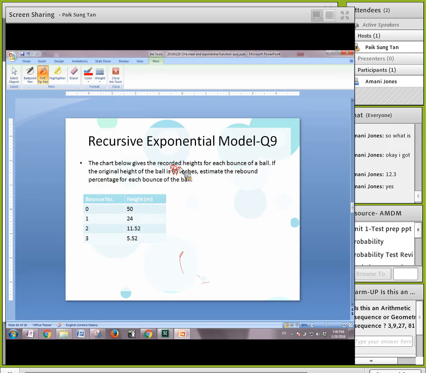Remember how to calculate rebound percentage? You did the assignment. It was pretty good. The first 2 pages.